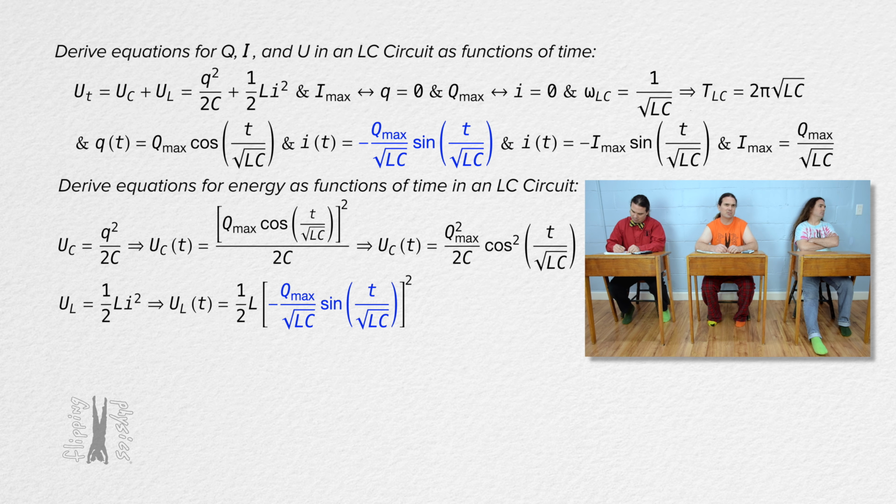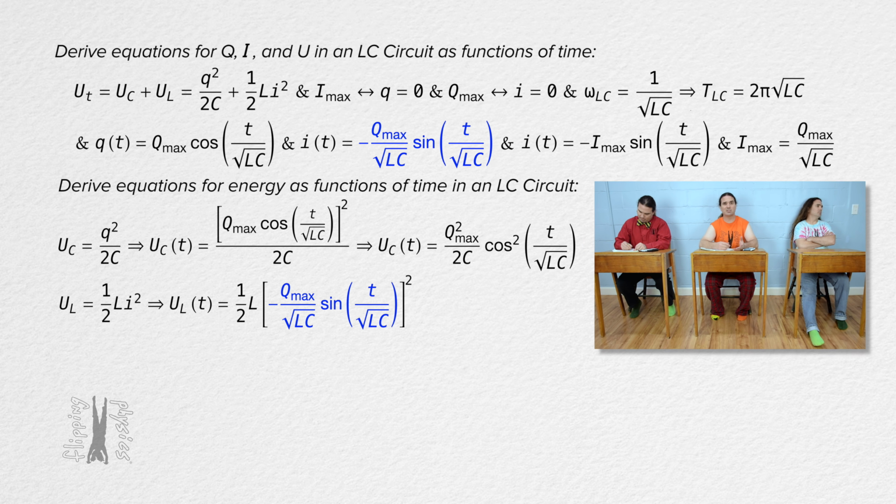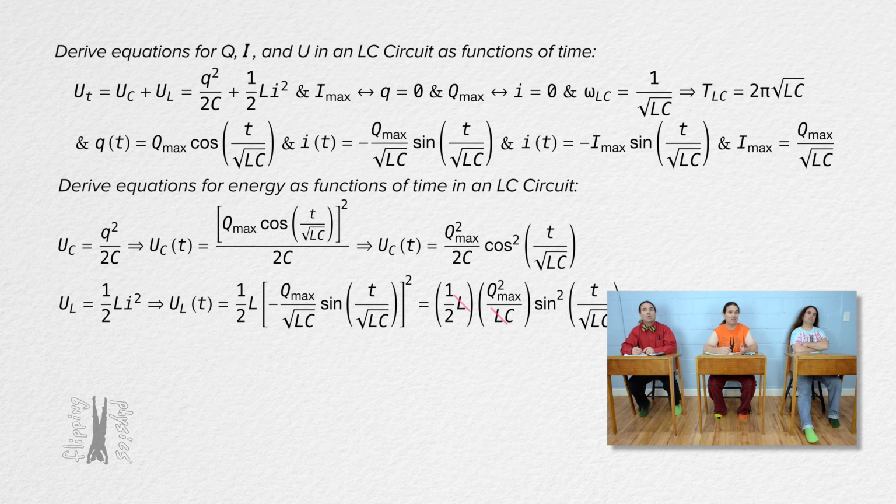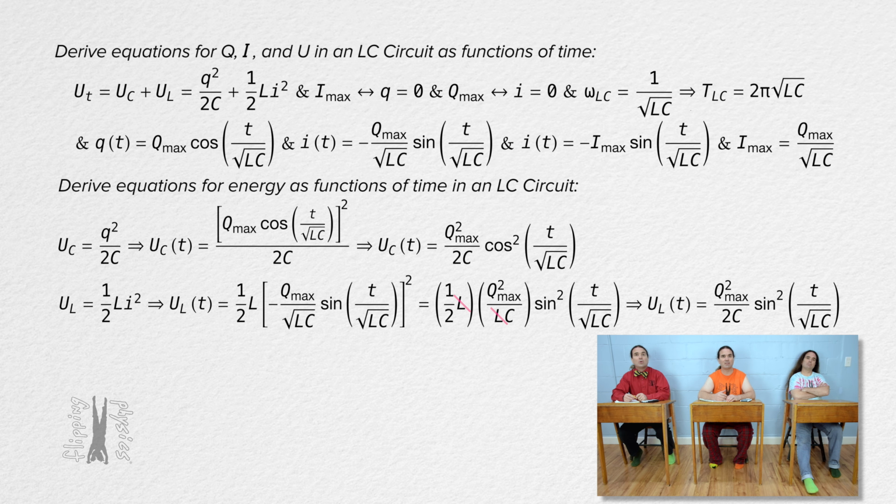That equals, well, -1 squared is just 1, so 1/2 inductance times charge maximum squared over inductance times capacitance all times sine squared of time over the square root of inductance times capacitance. Inductance cancels out, and we get that the energy stored in the magnetic field of the inductor as a function of time equals charge maximum squared over 2 times capacitance times sine squared of time over the square root of inductance times capacitance.